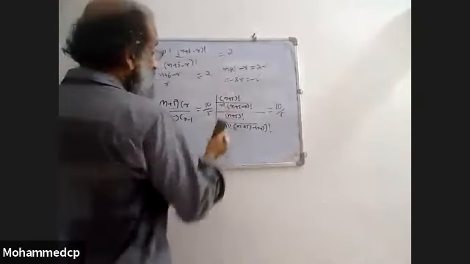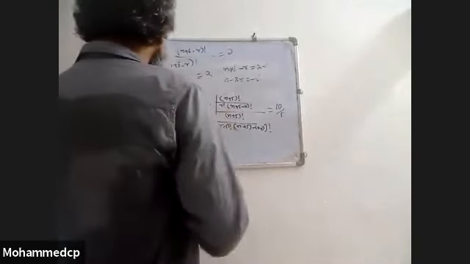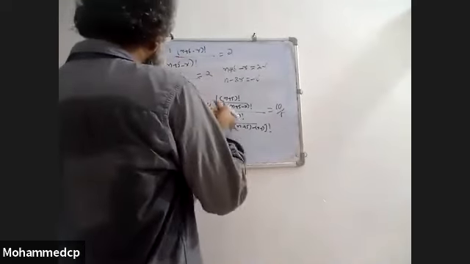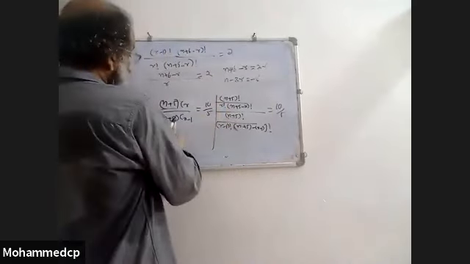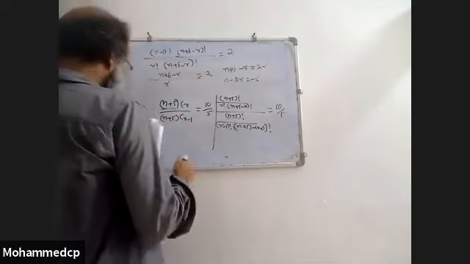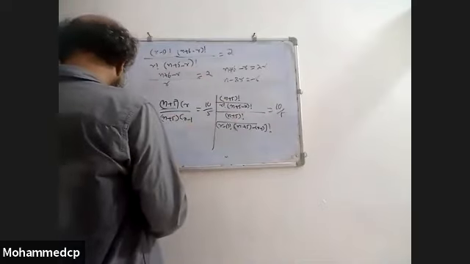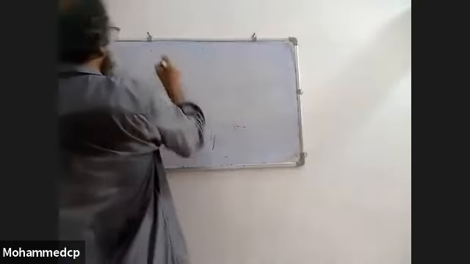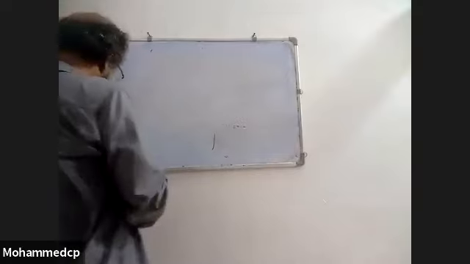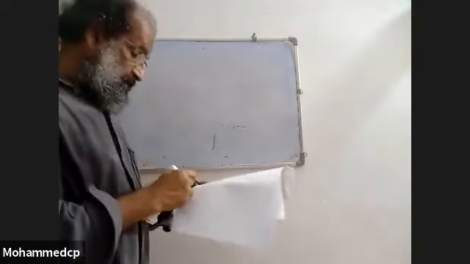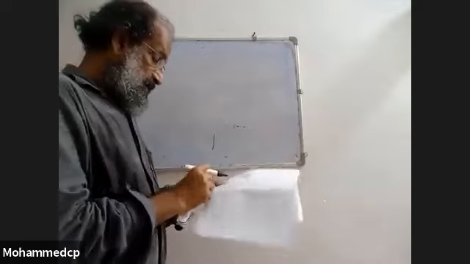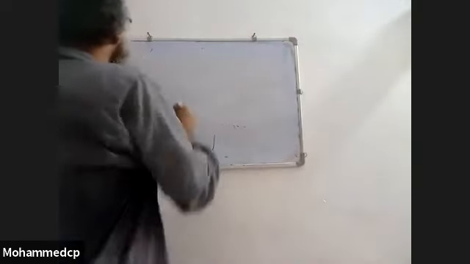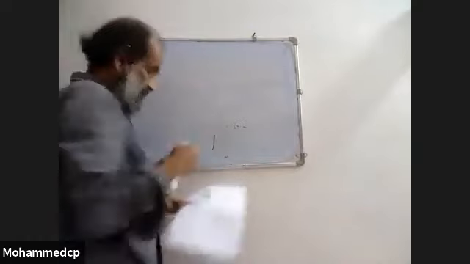You get cancelled. R factorial will come there. NCR minus 1, n plus 5 minus 1. Similarly, we do the next, that is NCR plus 1 by NCR.